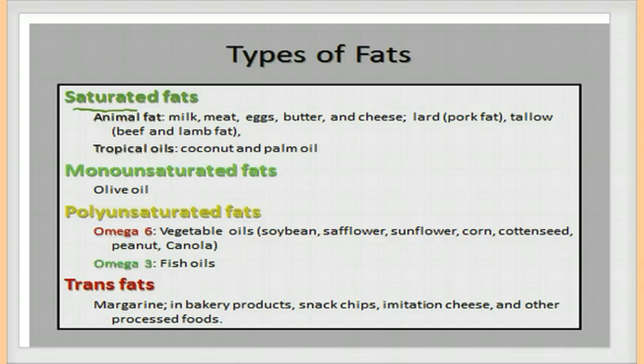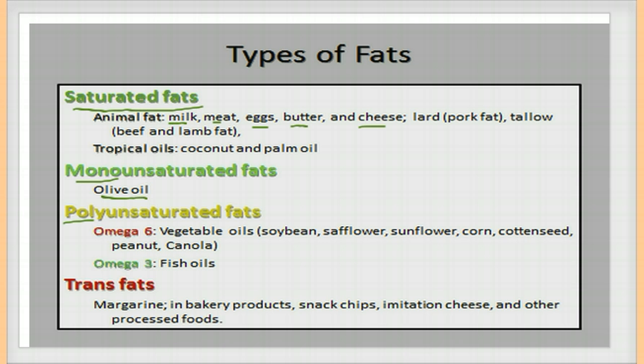We have saturated fat, and these are typical animal fats. They are found in milk, meat, eggs, butter, cheese, and so forth. We have the unsaturated fat, and that's olive oil.